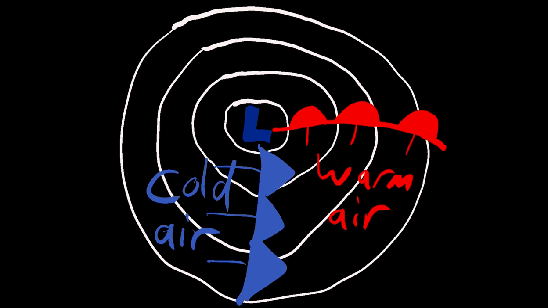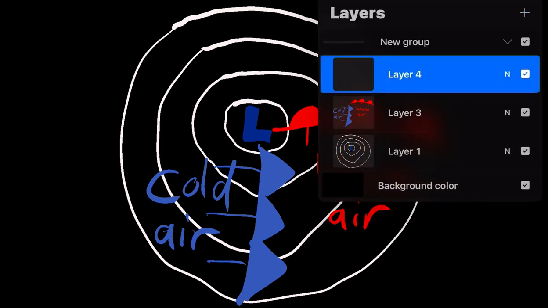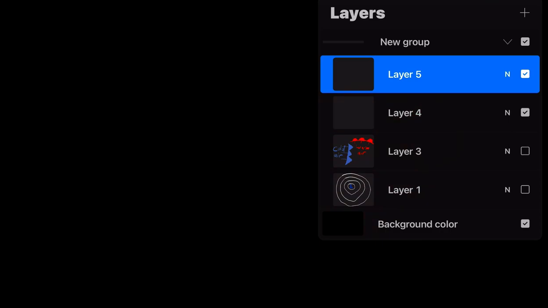Now, to understand that, I think it's actually easier to look at kind of a 3D picture of it. So we'll just start two new little drawings right here, and we'll look at a cold front first. So let's say you have some warm air right here.